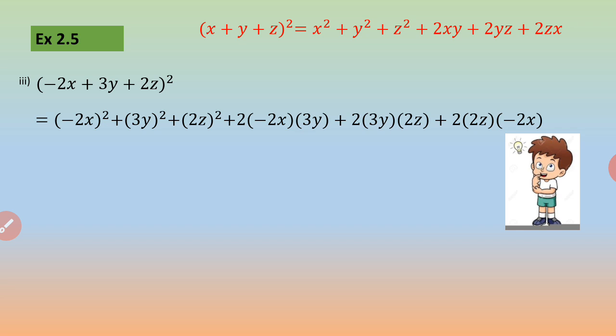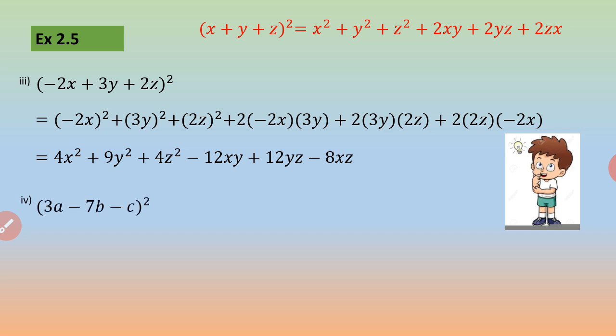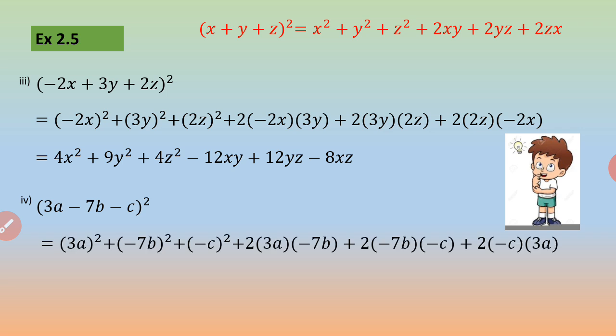You have to consider it and substitute wherever needed. And you get the final answer. One more sub question. 3a minus 7b minus c whole square. X has become 3a. Y is minus 7b. And z is minus c. So do the corresponding changes, solve and get the answer.